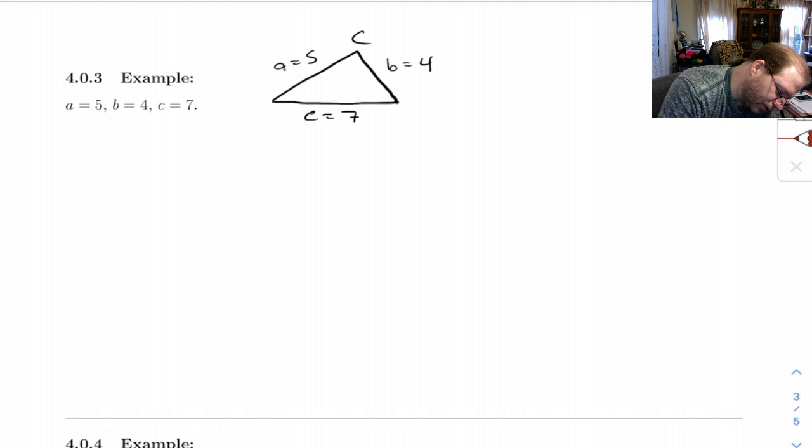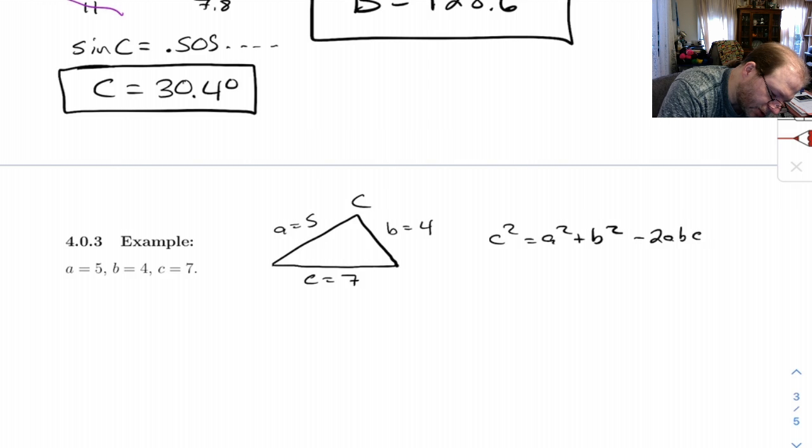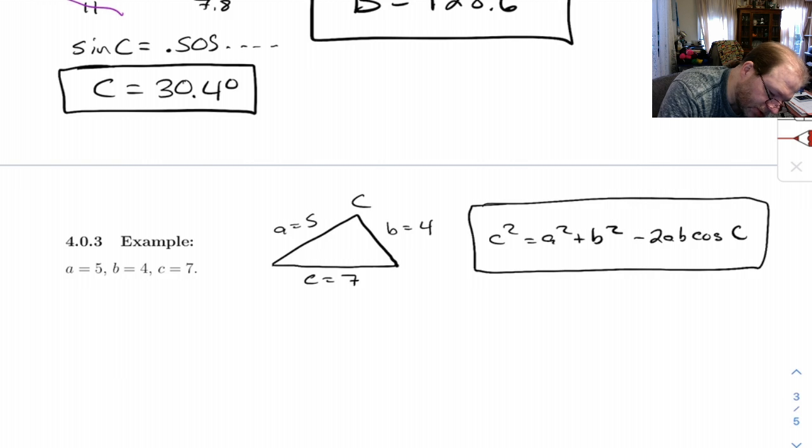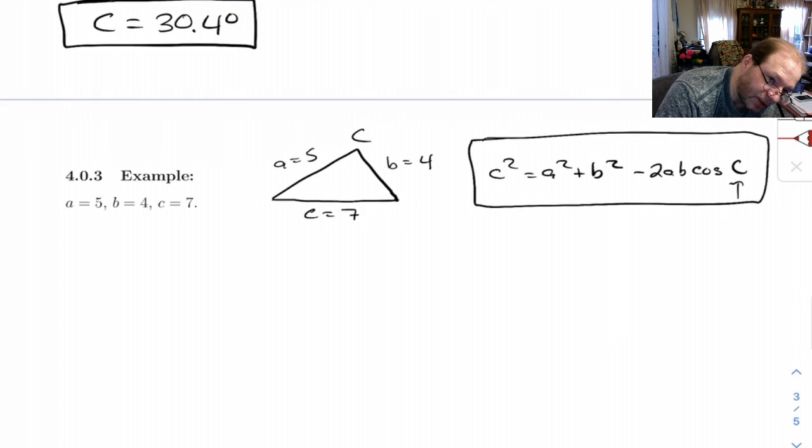So what I want to do is C squared. Notice that means I want to use the version of this that's C squared equals A squared plus B squared minus 2AB cosine C. Because this is what we're solving for here. All right, so I can leave that down here.